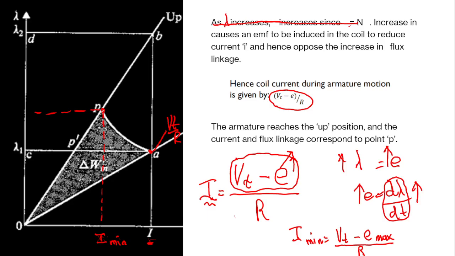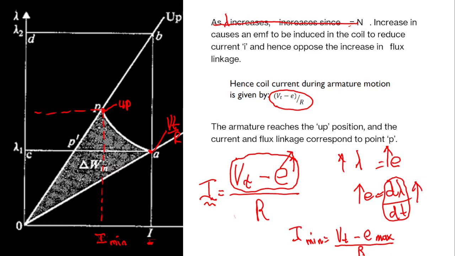So at this point, the current will be going from A to B. When you reach here, after a small time, you have no more change because the magnetic field is not changing anymore.